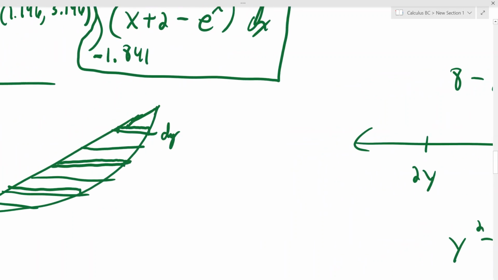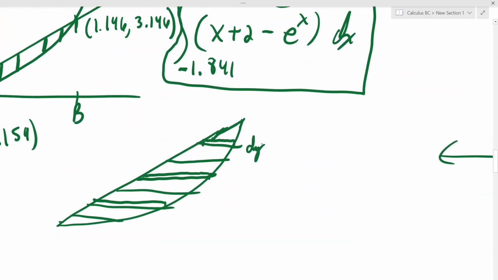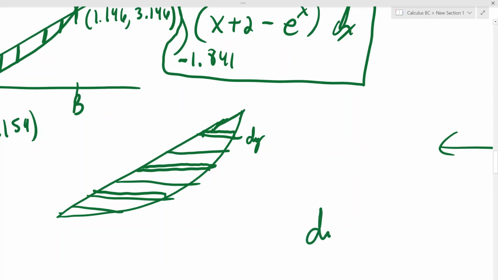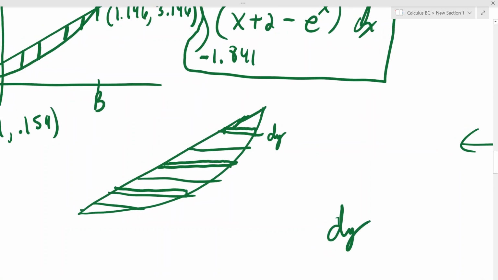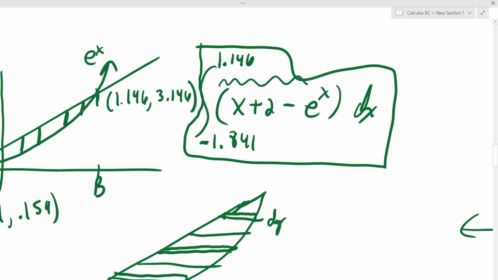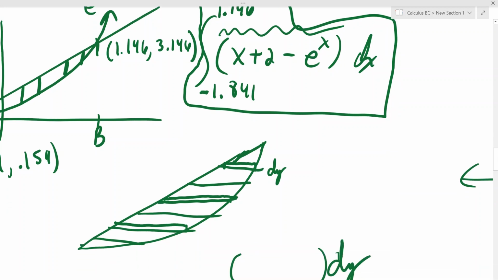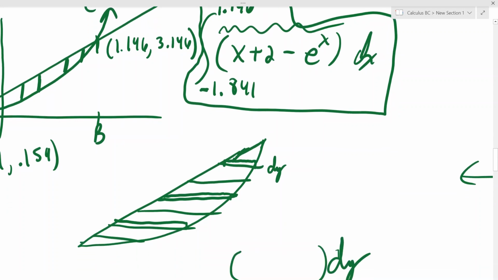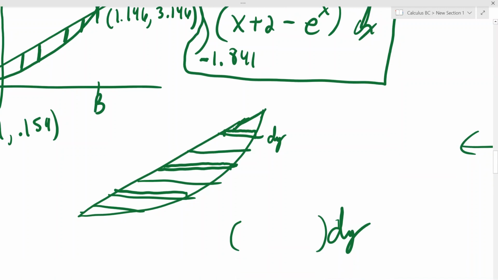Cool. Because my rectangles have a height of dy, that's what's going to be the end of my integral right now. Which means just like when I was using dx's, my height had to be in terms of x. If I use dy, which is horizontal rectangles, my width has to be in terms of y. So this over here was the curve y equals x plus 2, right? That was a line. But what I would need to do is solve that for x. Those are the same curves, right?